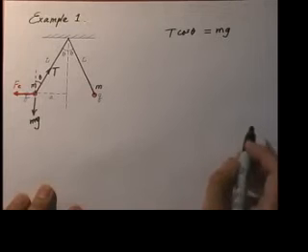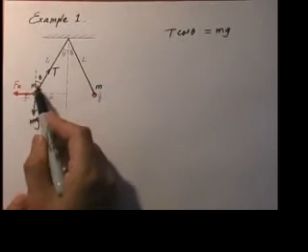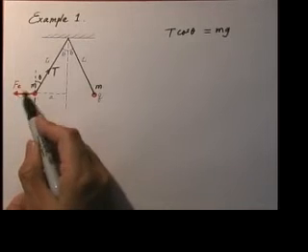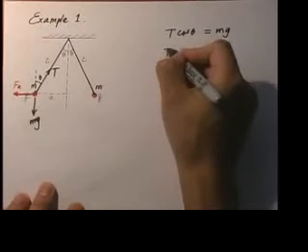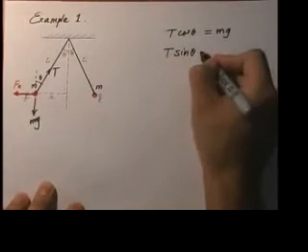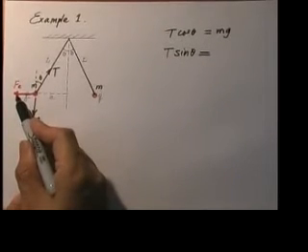Horizontally, there is a force going this way, that's a component of T. There's also another force going the opposite direction, and that is the electrostatic force. They must cancel each other out. Okay, so let's write down the expression for the horizontal component of T, and that will be T sine theta, right? Now, it has to equal F of E. Okay, how much is F of E equal to now?